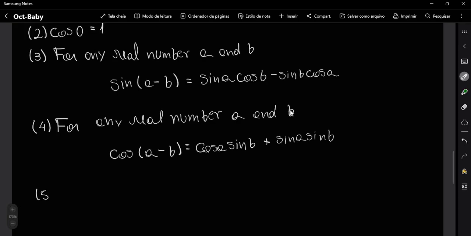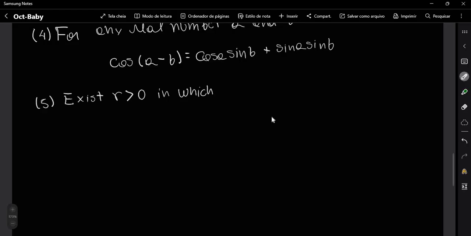And the fifth one, and the last, says that there exists a number greater than 0 for which we have this interval.